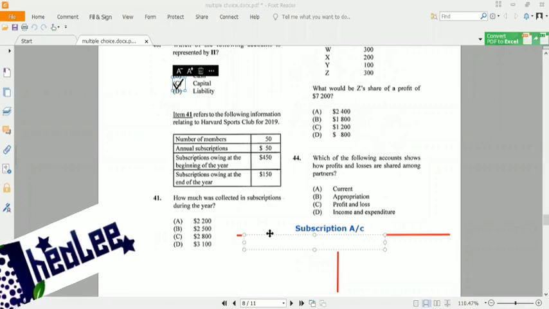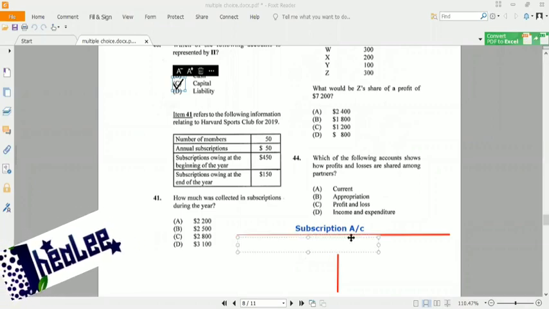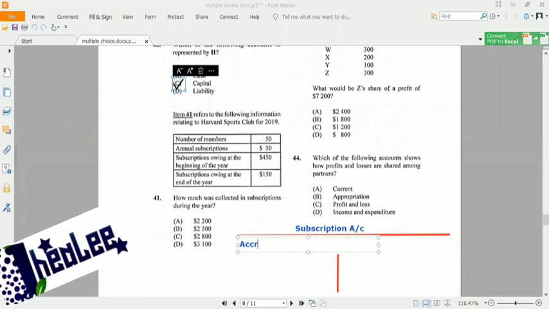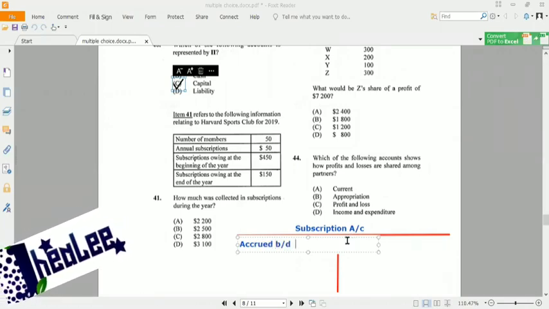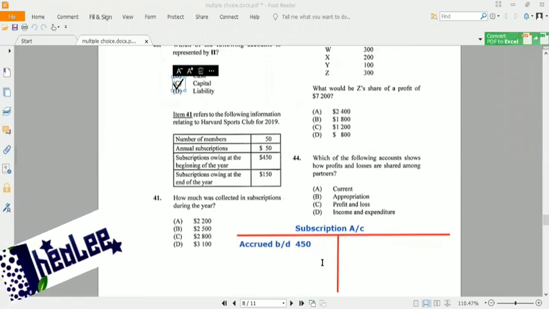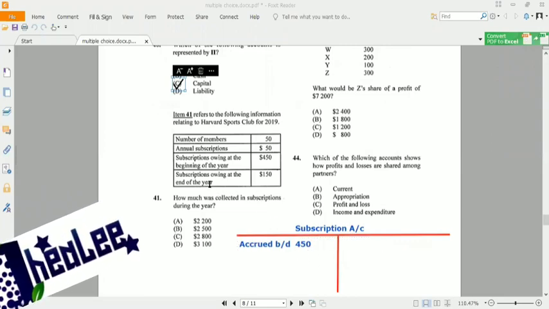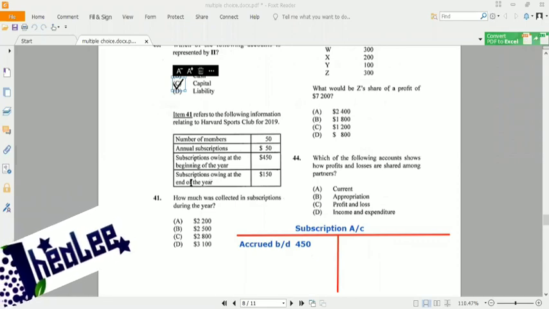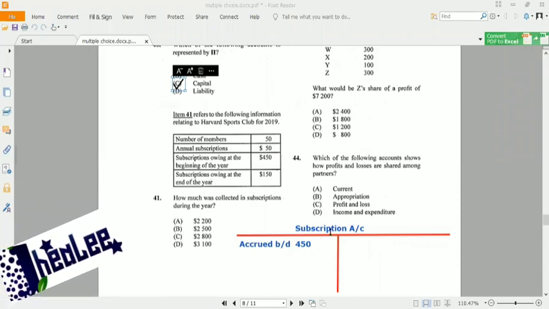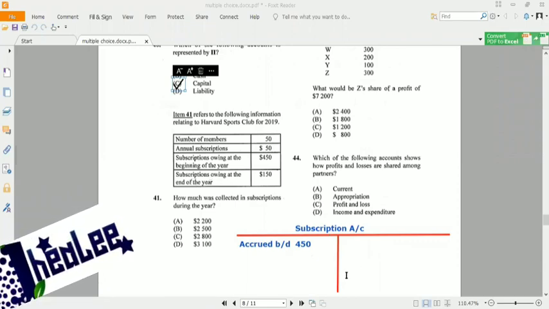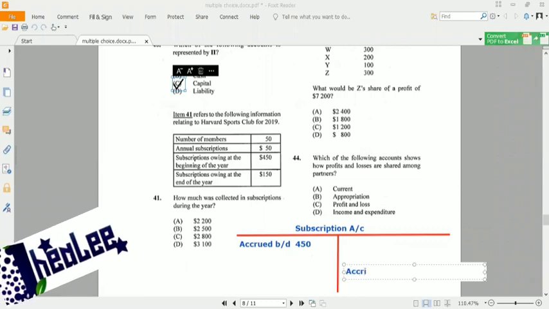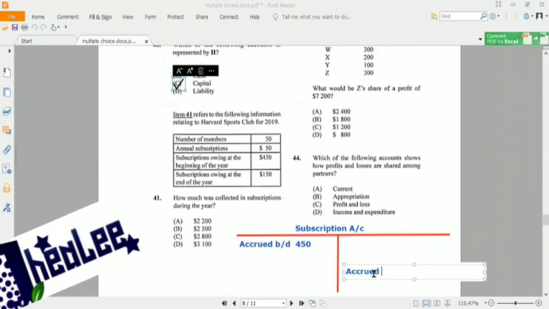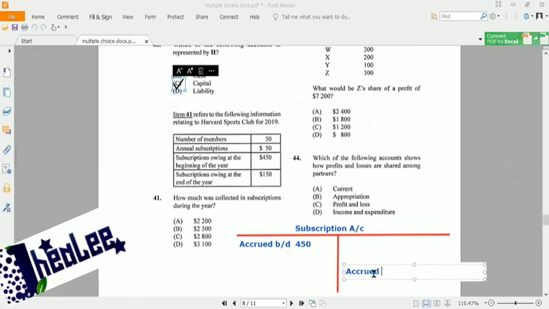And at the beginning of the year, if we have revenue owing, it means we would have accrued brought down, and the amount is 450. And we have the amount owing at the end of the year. For that, we would put the carried down on the credit side, because once it is revenue owing, it is a debit balance.